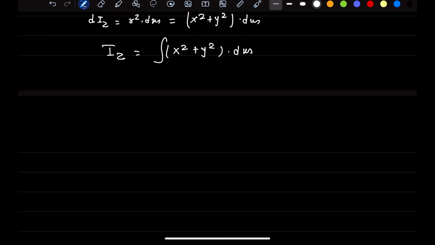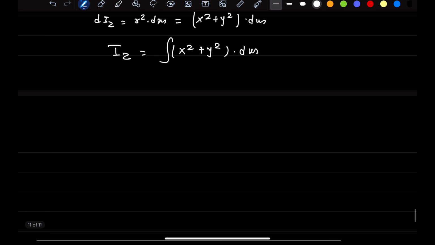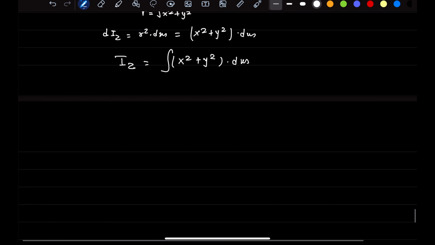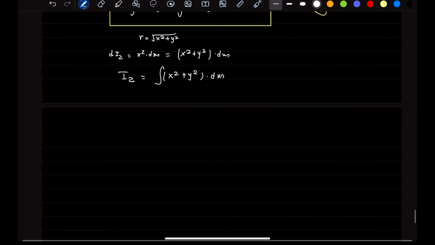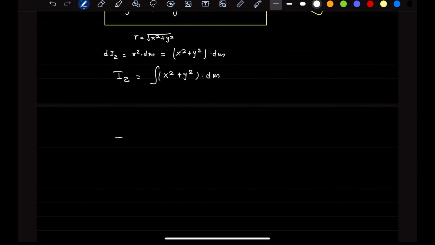Now let me rewrite the Iz again. So Iz is, I'm just opening the bracket, integration of x square dm plus integration of y square dm. Now can you tell me what is integration of x square dm?